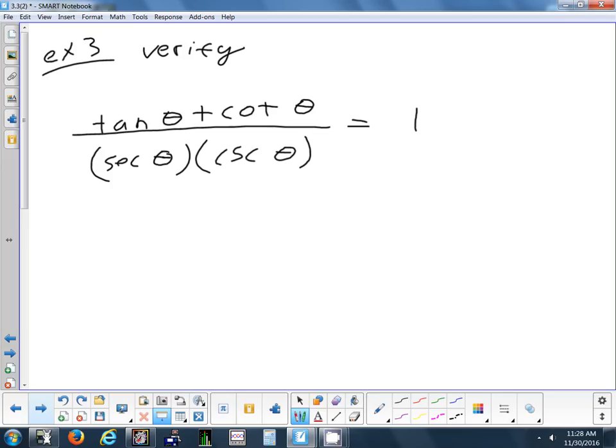Okay, what would you want to change it to? One over cosine? Okay, you could. And what about cosecant? You could change it to 1 over sine.